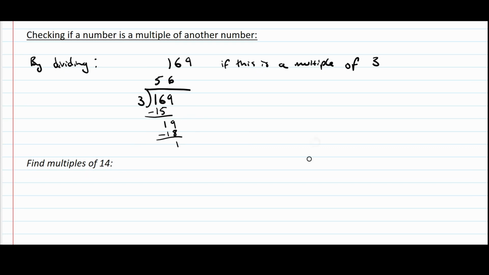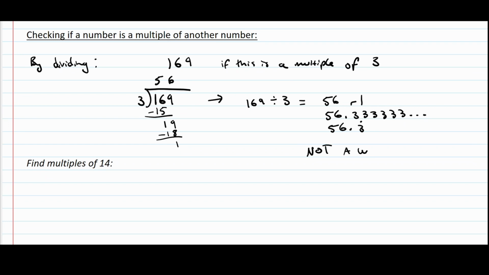So when you do 169 divided by 3, you get 56 with a remainder of 1. Or with decimals, it's 56.3 recurring, really. So is this a whole number? No, it is not a whole number.